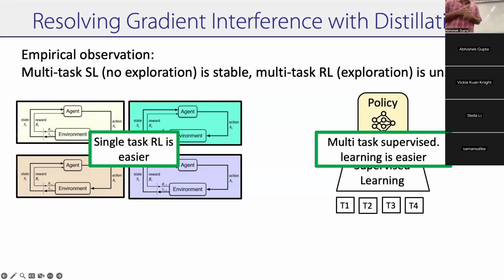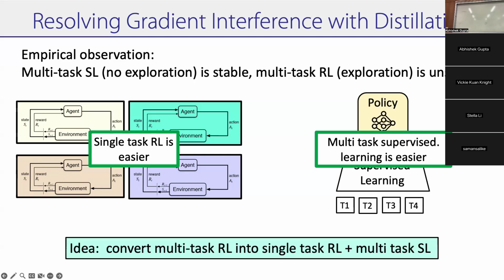Okay. So what I mean is that I'm going to try and solve the exploration problem single task, and then I'm going to try and get it to a generalist policy by doing supervised learning. So that the only part that's going to be multitask is the supervised learning step, and the RL part is going to be single task. So the idea here is you want to convert a multitask RL problem into a combination of single task RL and multitask supervised learning.